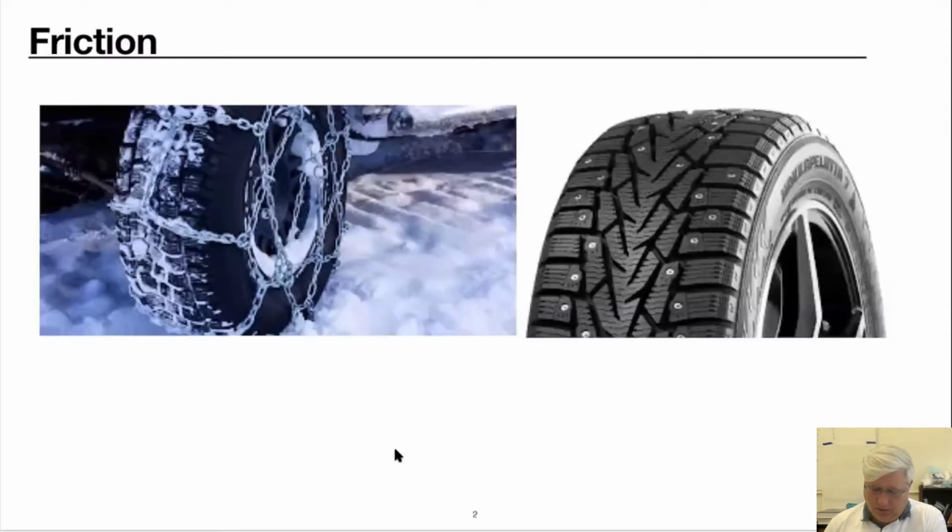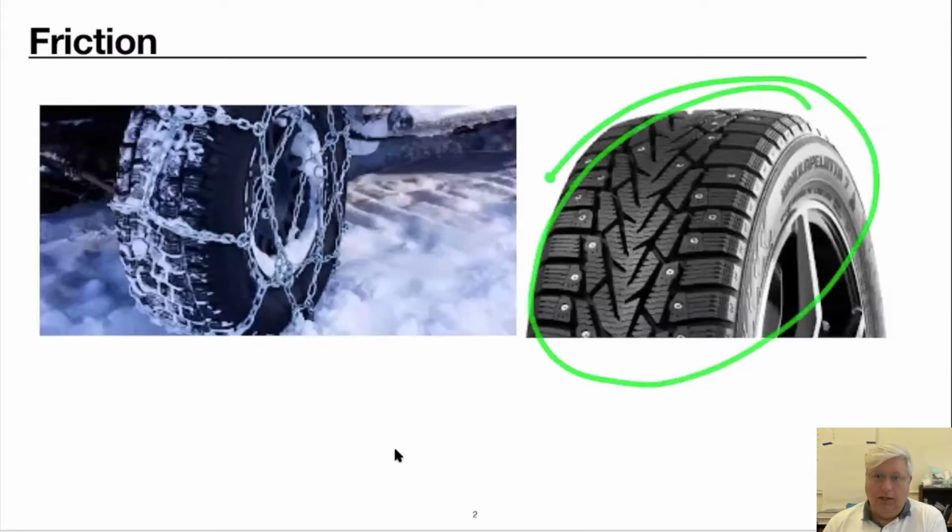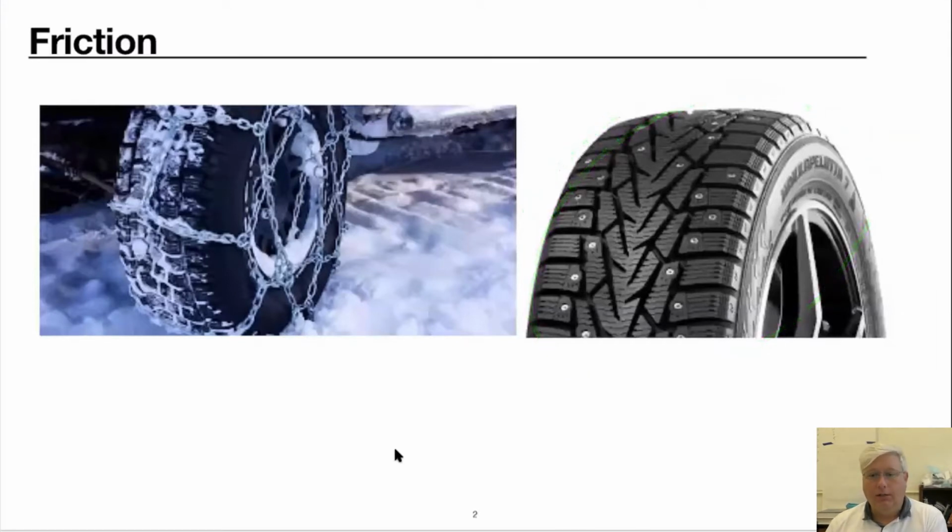Most people who really get into it will use what we call studded snow tires, and essentially there are metal pieces in there that give you more grip, applying more friction between the wheel and the road.